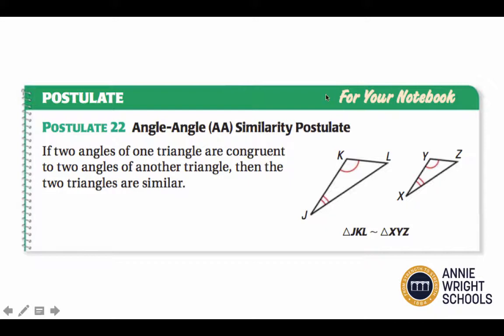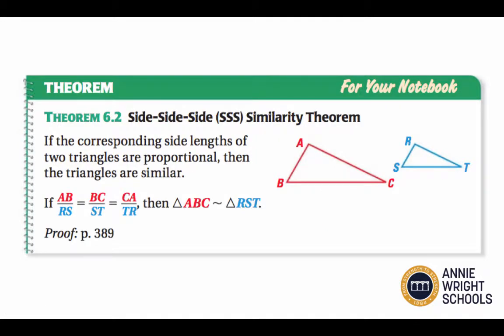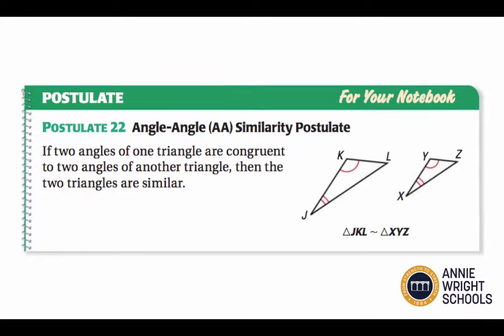The other theorems we have for proving triangles similar begin with side-side-side similarity. The way I abbreviate the first one in proofs is AA similarity.